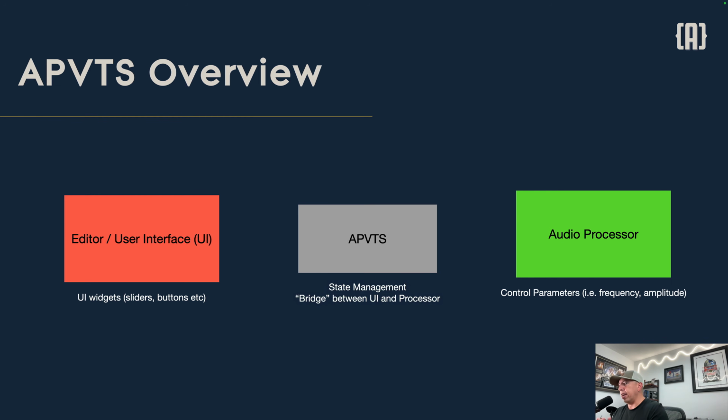It's responsible for managing what the state of the application is, so that snapshot, and for keeping everything in sync between the user interface and the changes that the user may be making, and the audio processor and what's happening on that side. The user is making a change, and that change is being relayed to a corresponding value or parameter on the audio processor.